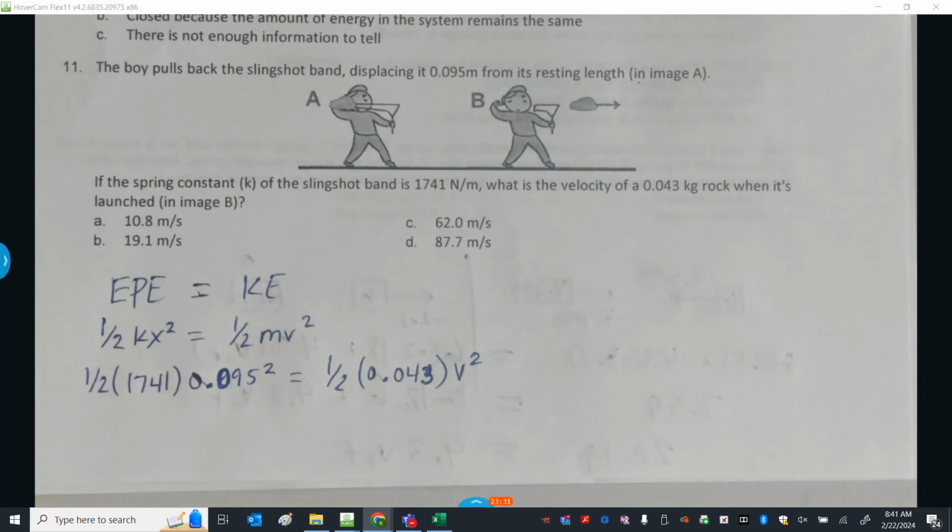Let's go ahead and solve the entire left-hand side of this equation. We're going to do half of 1741, and then multiply that times 0.095 squared.